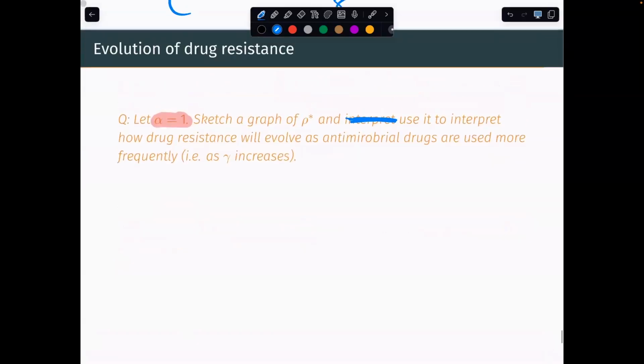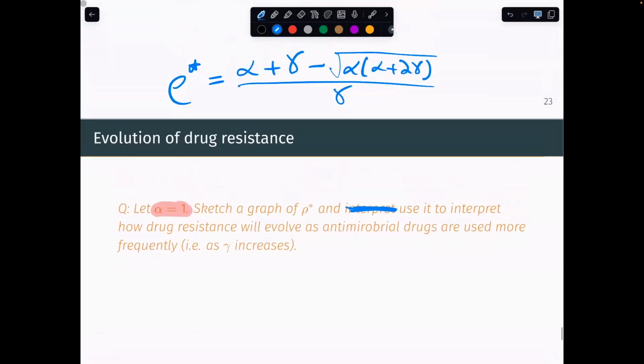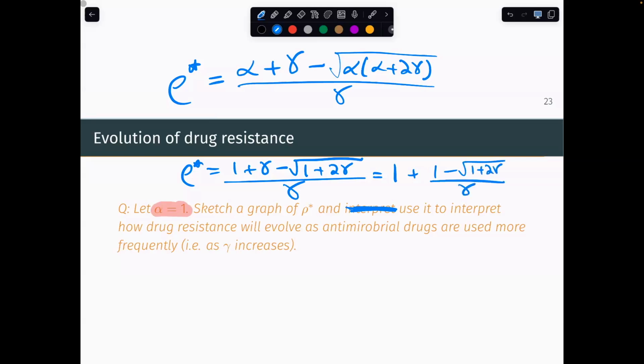So with alpha equal to 1, we have rho star equal to 1 plus gamma minus the square root of 1 plus 2 gamma, all over gamma. You could also write this as 1 plus 1 minus the square root of 1 plus 2 gamma, all over gamma.